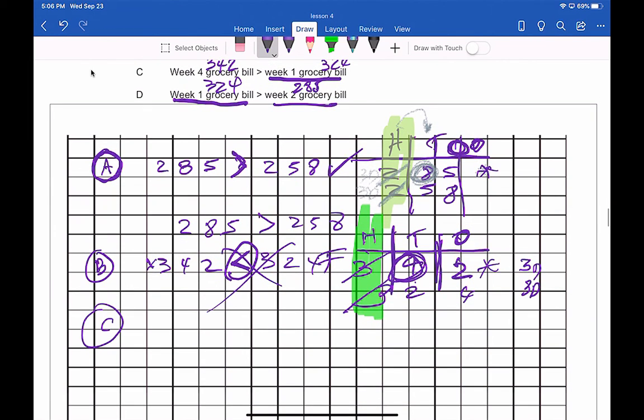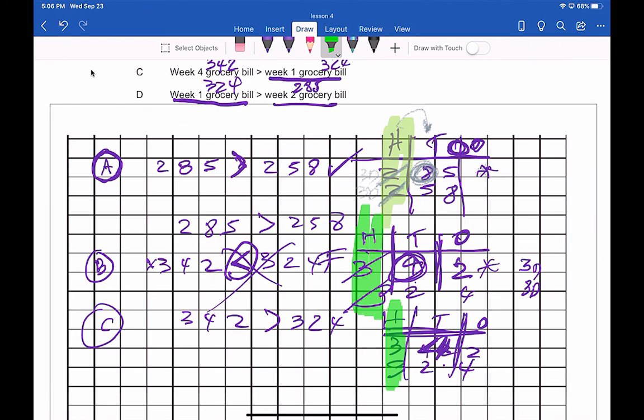Exactly the same process. 342 is bigger than 324. 342, 324. So what we're going to do is compare the numbers.